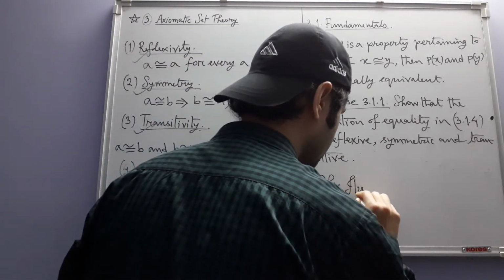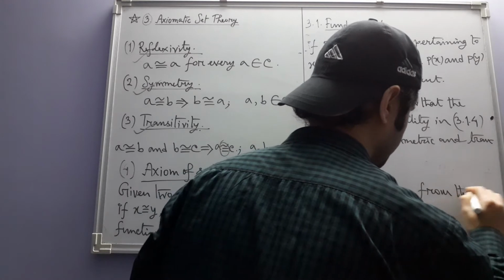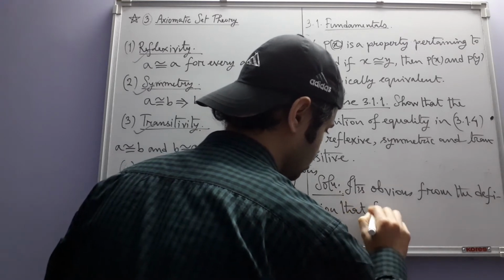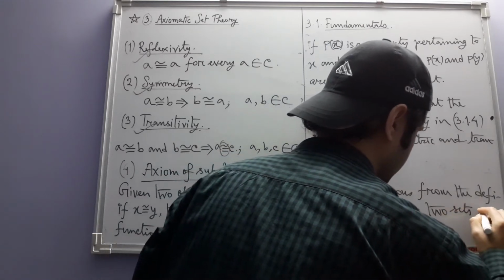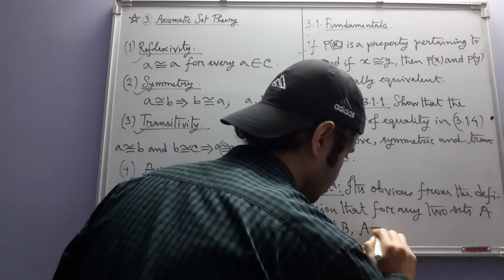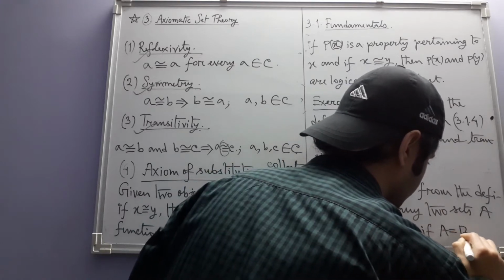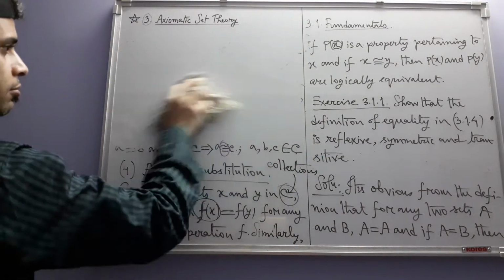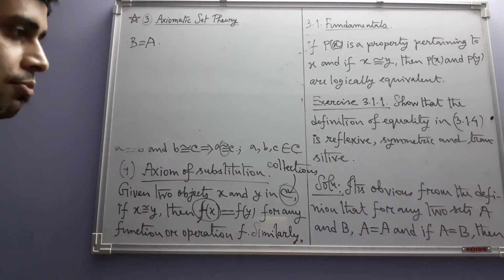It's obvious from the definition that for any two sets A and B, A is equal to A, and if A is equal to B, then B is equal to A. But let's just make sure why this obvious statement is obvious.